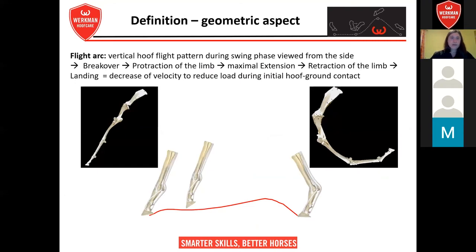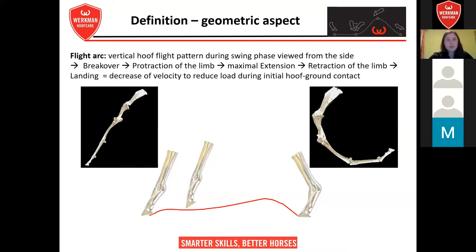And from the geometric aspect, we will speak about the flight arc. This is actually just the vertical hoof flight pattern during swing phase if we look at it from the side, and it's lasting from breakover. Usually if you check the curve in Black, you see a little bump. This is because the sensor is on the dorsal hoof wall, and then the hoof is breaking over, so you see first a little movement, like a little bump.